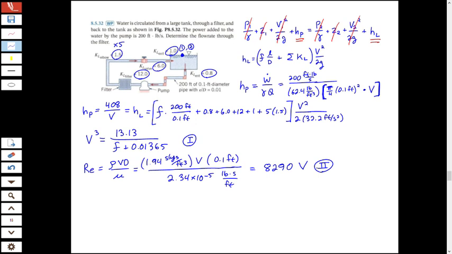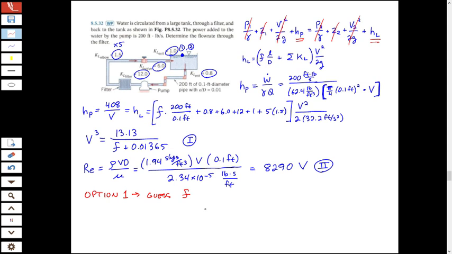So we have some expressions here. So this is where we have some options. And one of the options, I'll just say option 1. Option 1 is to guess a friction factor. Like we don't know what it is, but we just have to guess.